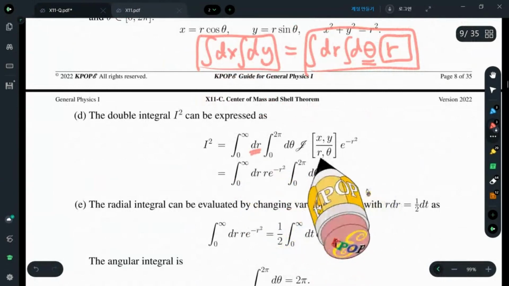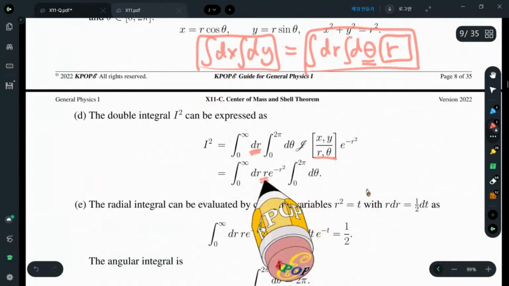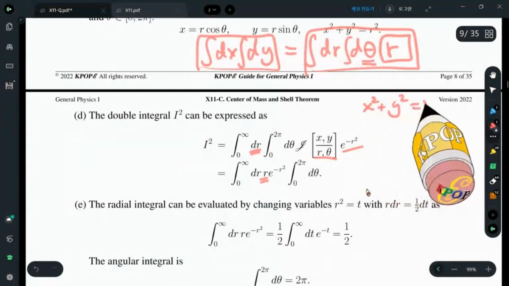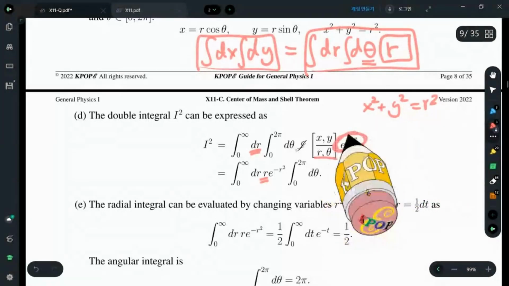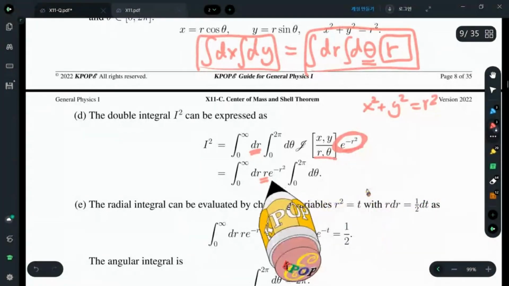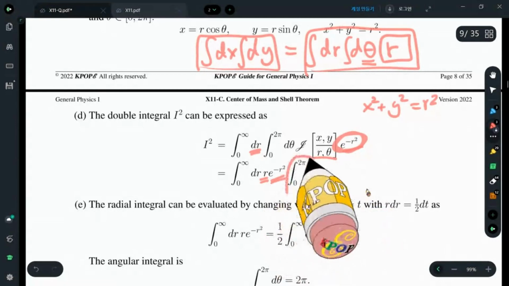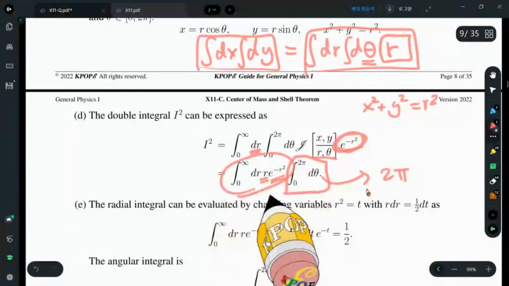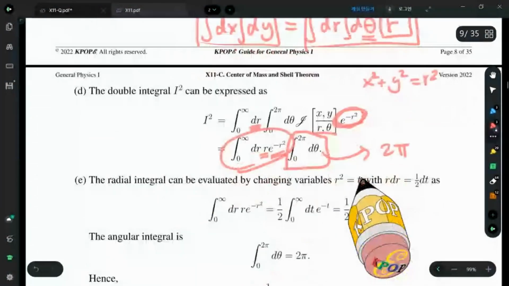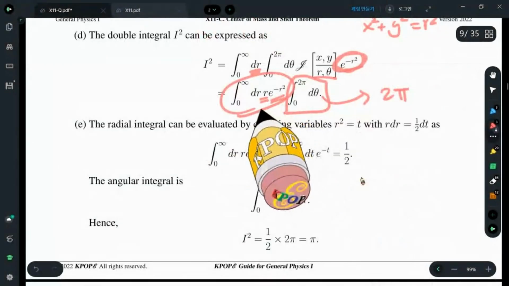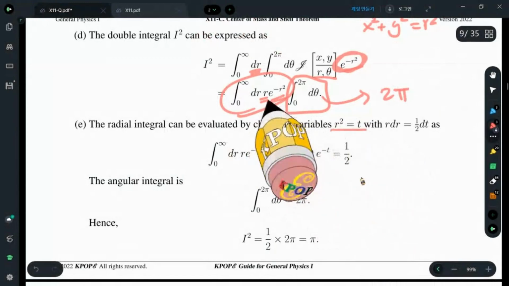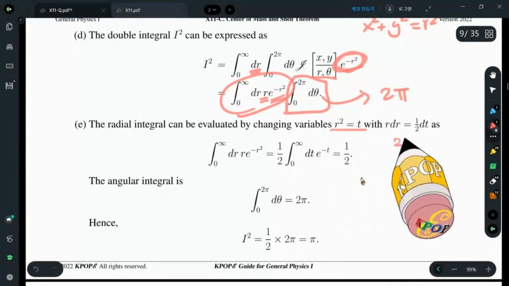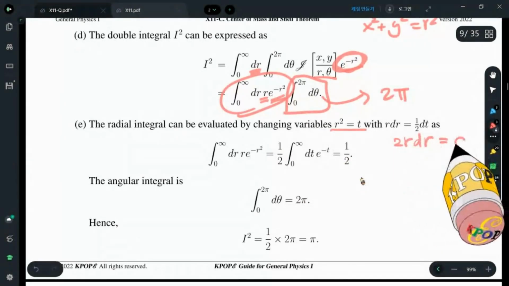The dr integral has the Jacobian r, and we have x squared plus y squared equals r squared. So we have this integral as e to the minus r squared, and this is a trivial integral, and the angular part is 2 pi. This radial integral can be converted into a simpler integral by replacing r squared with t. Then if I take the derivative, it becomes 2r dr equals dt.